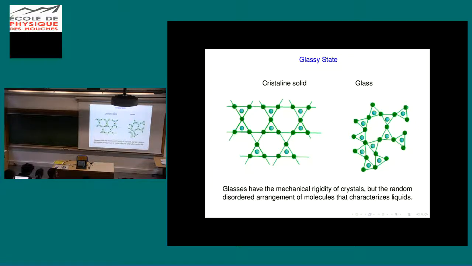If a substance goes through a glass transition, its viscosity increases dramatically. Classical values are many orders of magnitude, often 10 or 14 orders of magnitude.